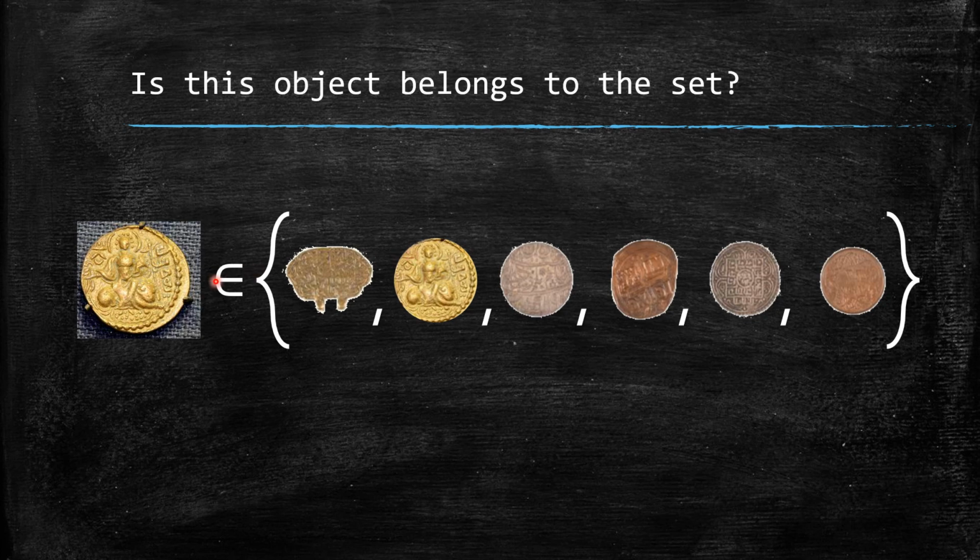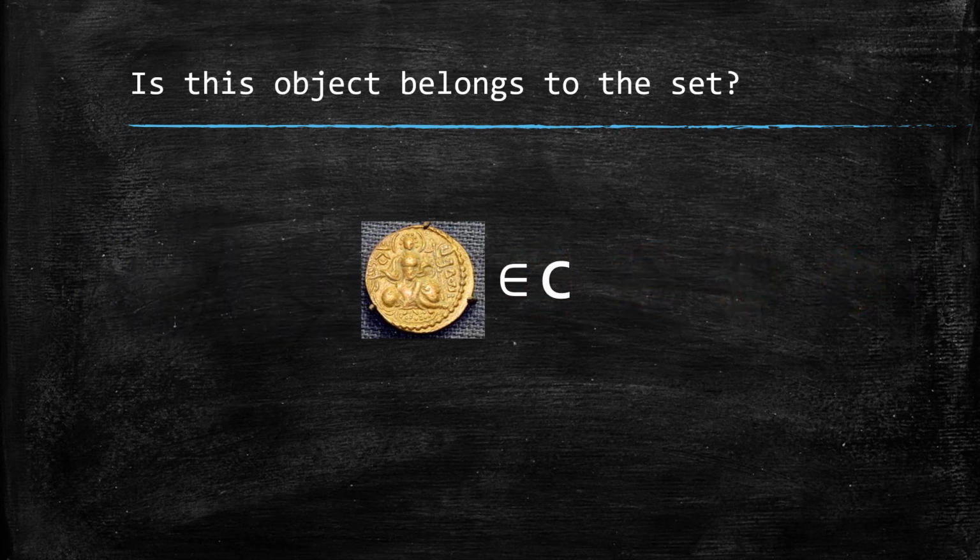This symbol denotes that this object belongs to this set. Instead of writing all the elements, I can also denote it like this, and write the name of the set C. So here this object belongs to the set C. Okay, now let's proceed.